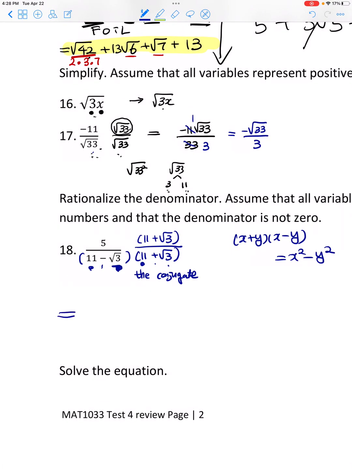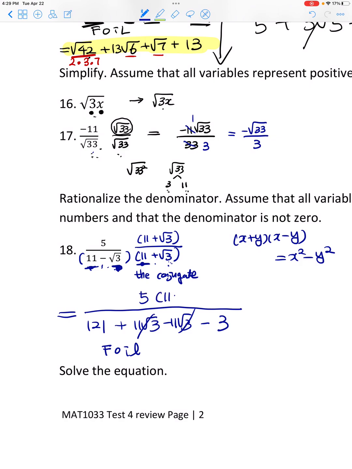Okay, so I got 11 times 11, 121. I'm just going to use FOIL on this example. 11 times radical 3 and the negative, which will be cancelled. Radical 3 times radical 3, I got 3 out. And 5 times 11 plus radical 3.